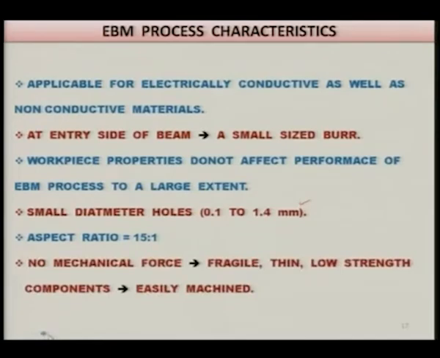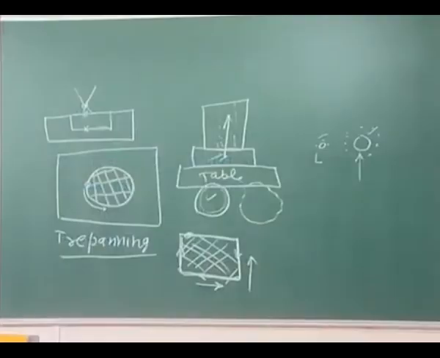Now as we have seen in the mechanism of material removal, the process is purely thermal where material is being removed by melting and vaporization, so no mechanical forces are acting.